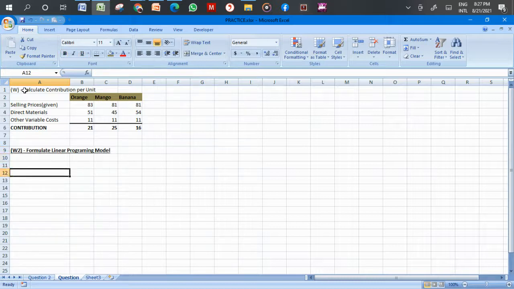Our linear programming model, we are saying maximize Z. Z is equal to 21, let's just name oranges X1, plus 25, I'm just taking the contribution per unit, X2, which is representing mangoes, plus 16 X3.